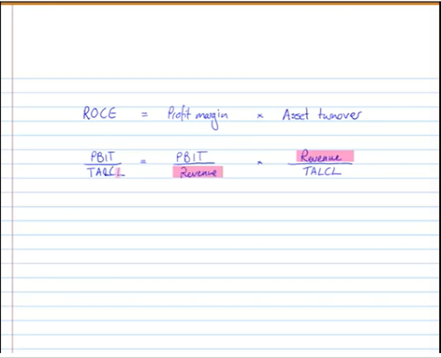The two revenue figures cancel each other out. So it doesn't just make sense in terms of the meaning of the ratios, that how profitable I am as a business is dependent on my margins and my abilities to make sales, but it also makes sense mathematically to us.